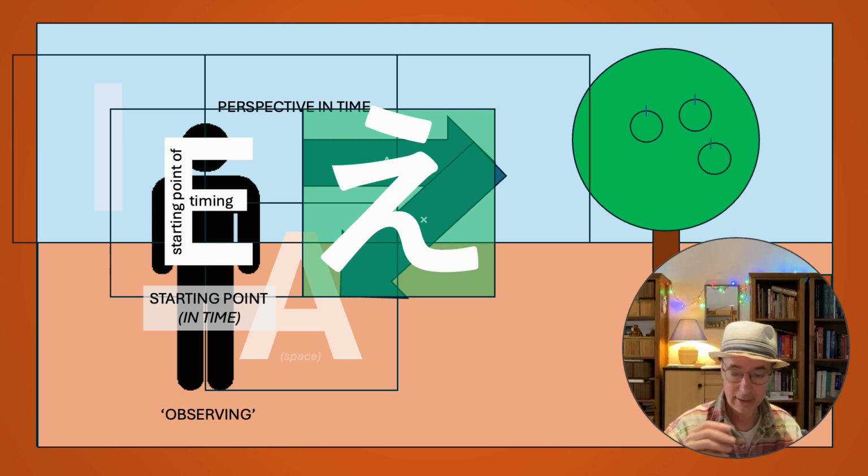The letter E in the Hiragana script is dealing with what is needed to go towards a change, to go towards what is scheduled in time. So you don't have it immediately. You have to go through a process.